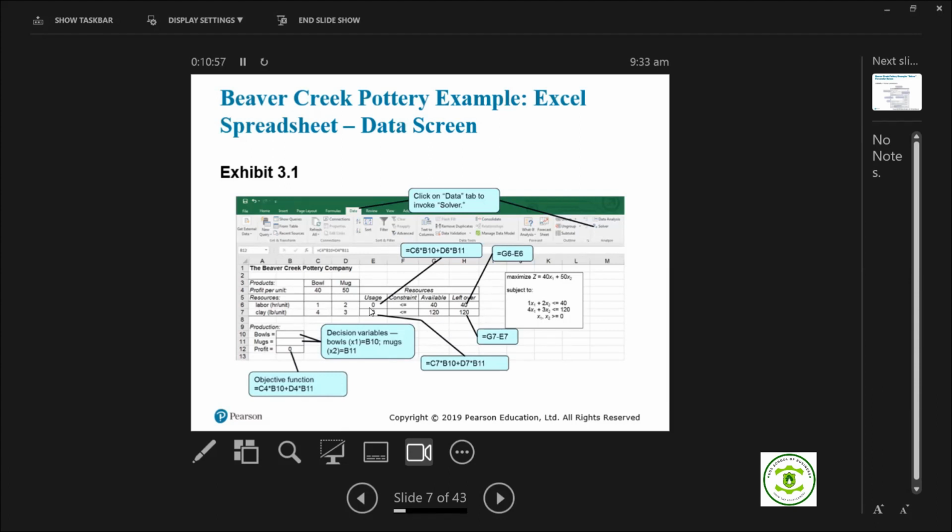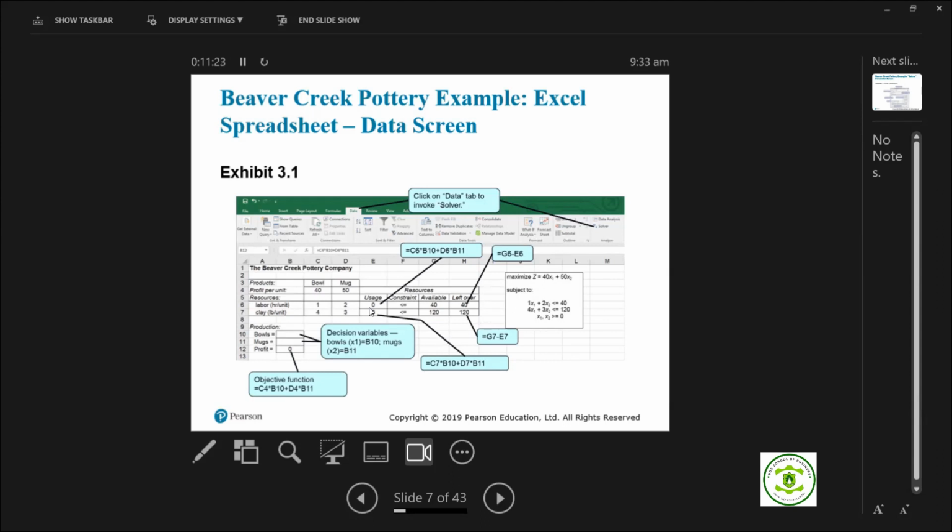Now, if you have already solved the problem and saved the Excel sheet, when you open it, these zeros will not be there because you have already solved it. And these will not be empty either.